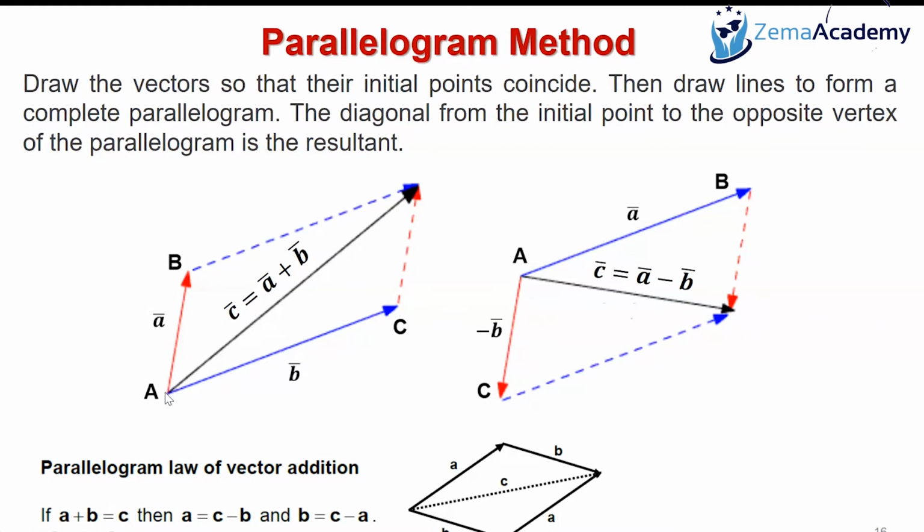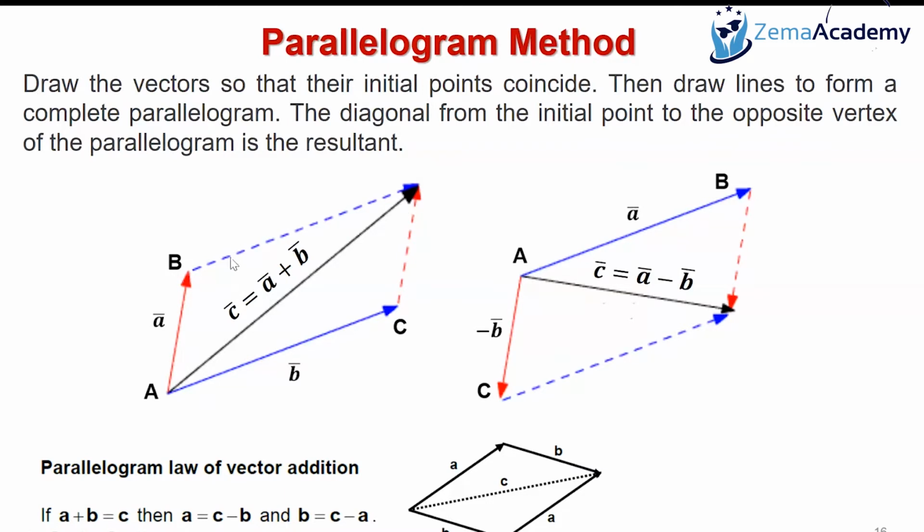For example, you shift this vector AB from here to the head of vector C. You see it is parallel to the original vector, which is this dotted one. Similarly, the vector AC will have a parallel form over here.